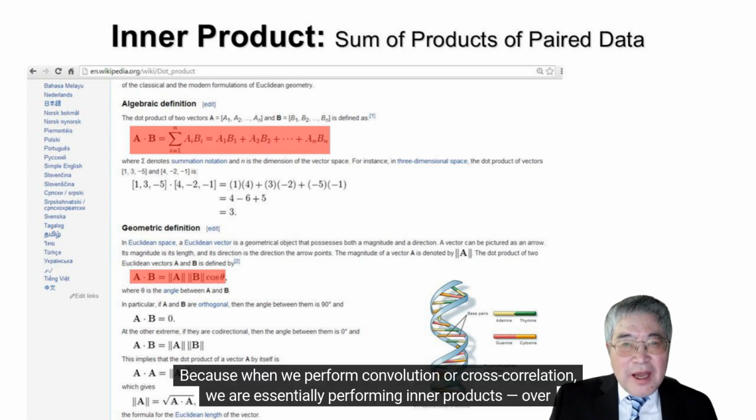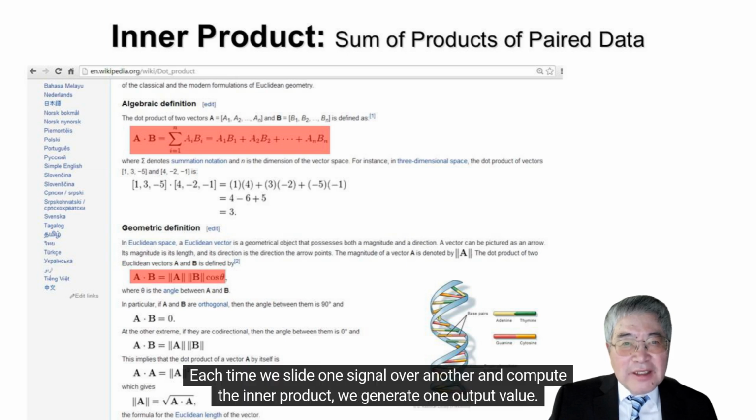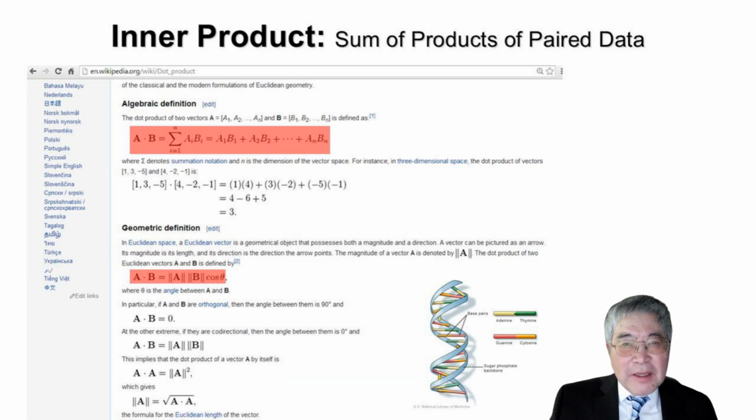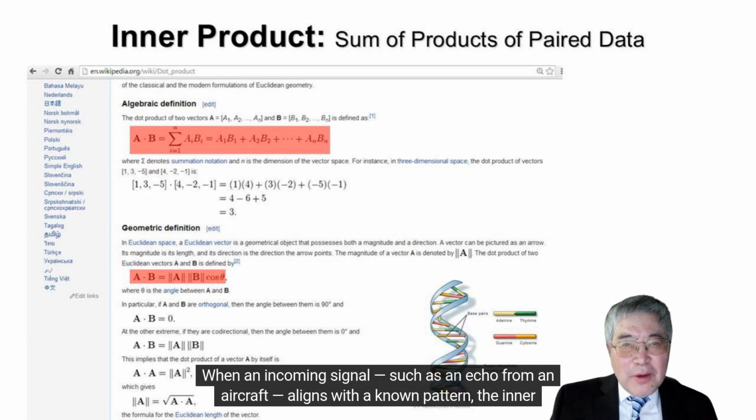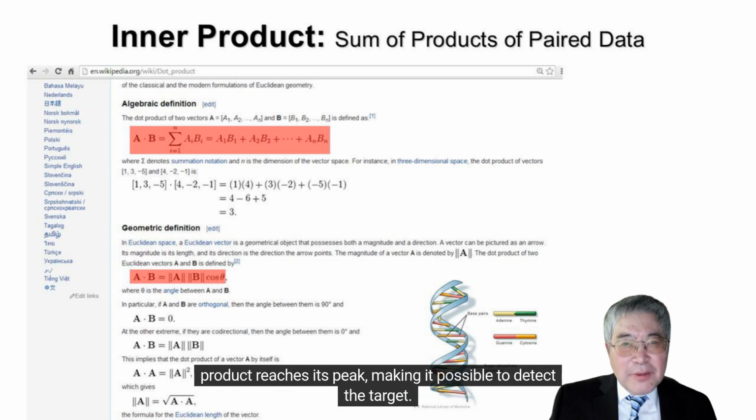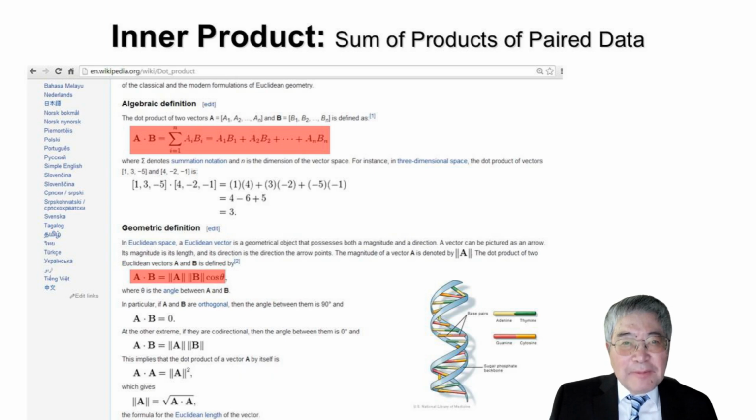Because when we perform convolution or cross-correlation, we are essentially performing inner products over and over again. Each time we slide one signal over another and compute the inner product, we generate one output value. This is exactly how matched filtering works in radar systems. When an incoming signal, such as an echo from an aircraft, aligns with a known pattern, the inner product reaches its peak, making it possible to detect the target.